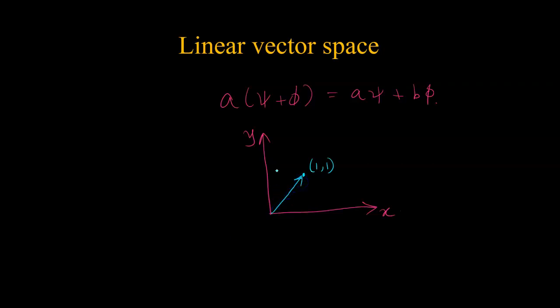So this whole space is there like this. This is the example I am giving you. Is the set of all such points which are given by x and y coordinates a linear vector space? The answer to that is yes, it is a linear vector space. Why? Because I will tell you how.